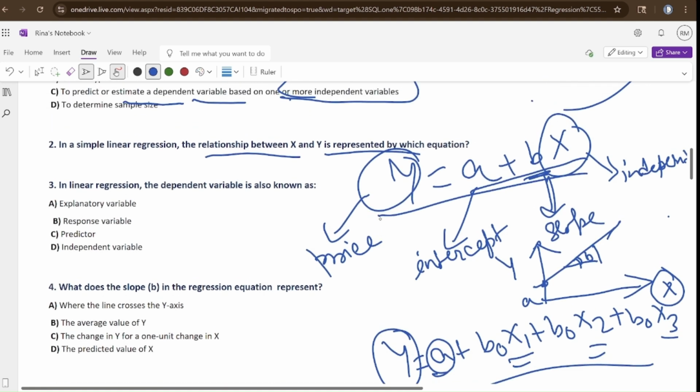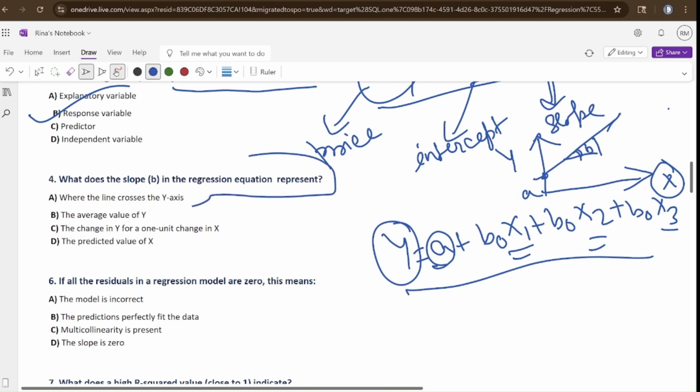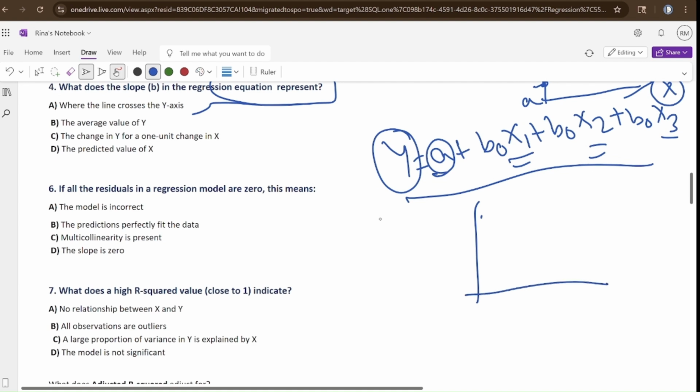Clear? Now, in linear regression, the dependent variable is also known as the response variable. What does the slope equation represent? What is slope? What is B? Simply, if I draw this line, this means if I change x from x1 to x2, what is the change in y? Earlier it was y1 when it was x1. When it is x2, it is y2.